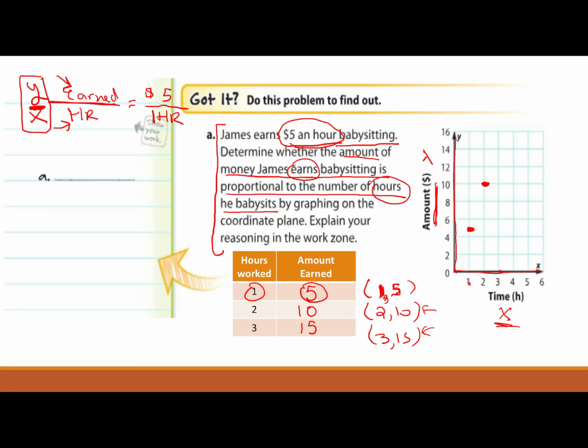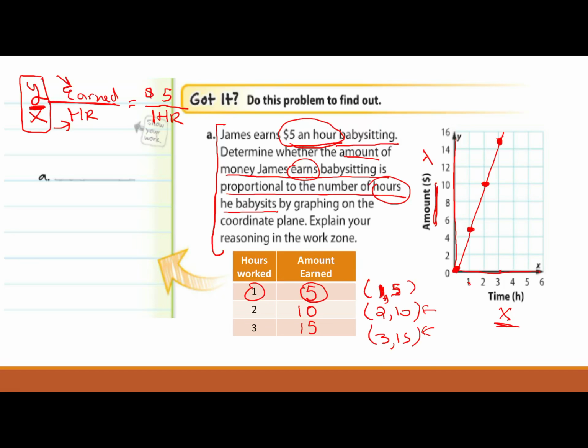Now 15 is between 14 and 16, so there it is right there. All right, you're going to do your best to draw a straight line. It must go through the origin. So let's see. Draw our line. And yes, indeed, it does go through the origin right here.